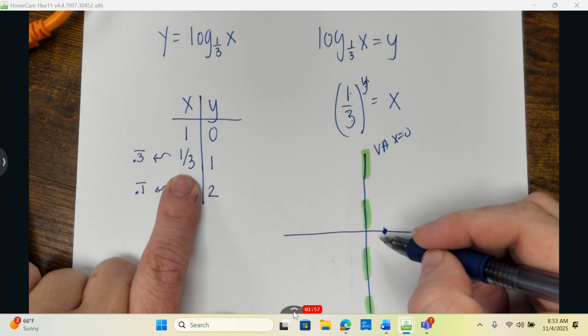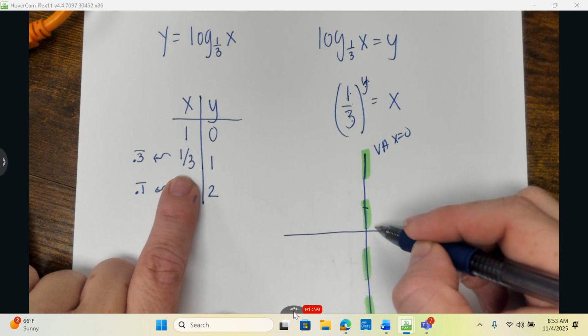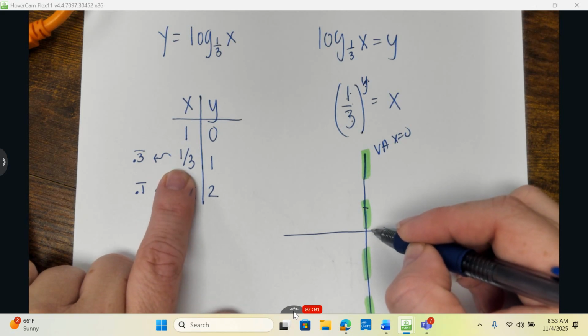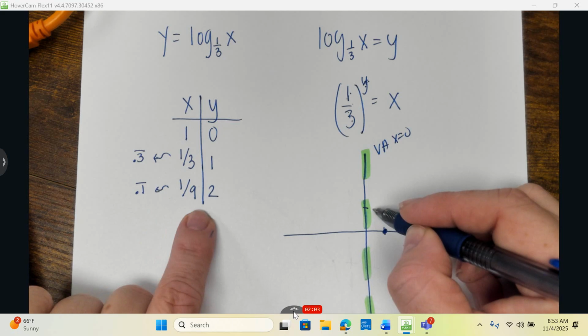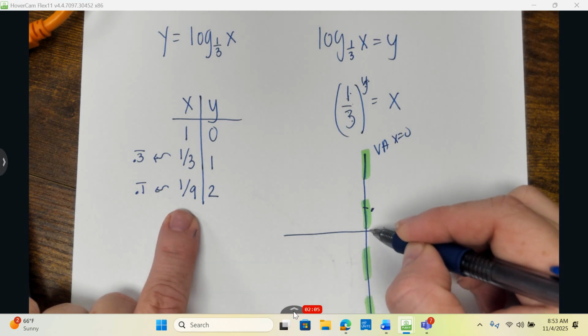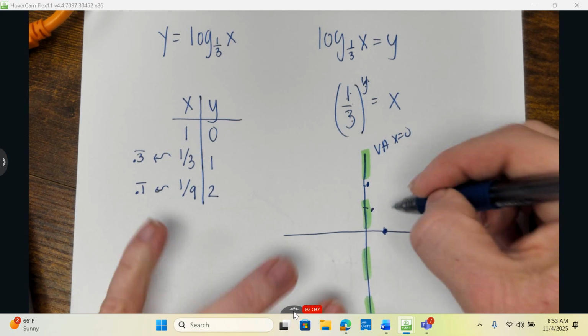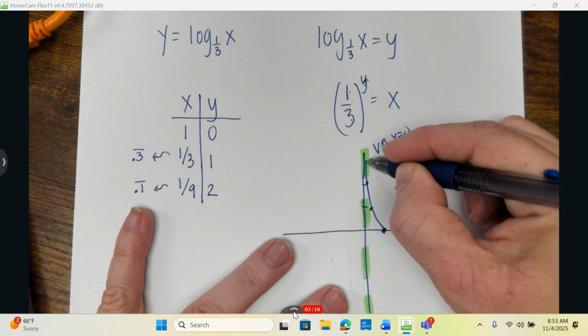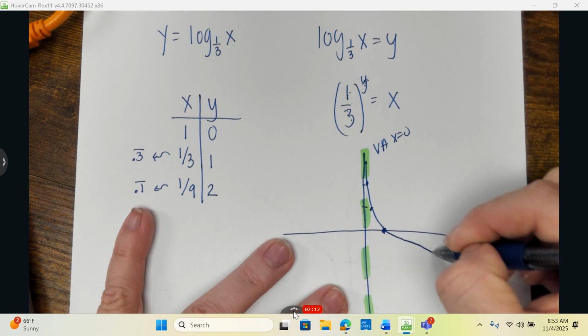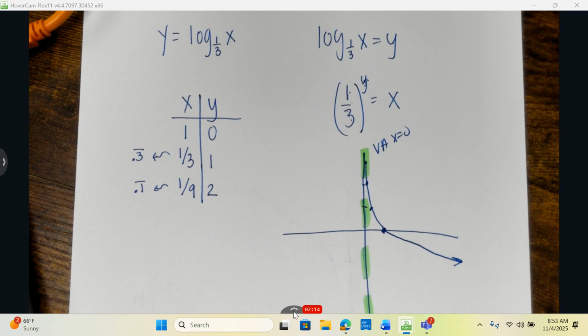Now, it's really hard to approximate this, right? I get that. I'm going to go 1/3, so 1/3 and up 1, and I'm going to go 1/9 and up 2. And we can see the general shape here. It's getting already closer and closer to the vertical asymptote, but it's never actually going to touch it.